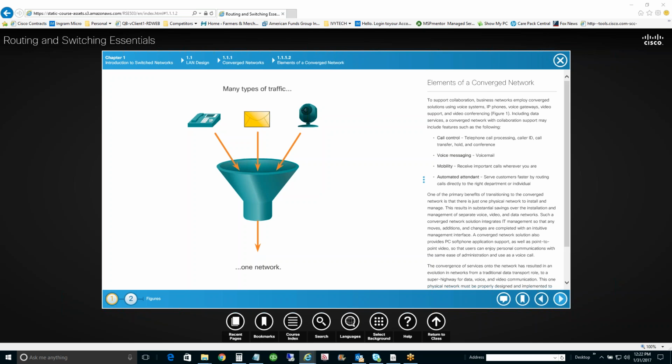With the emergence of converged networks, the convergence of these different types of functions is now much easier to develop and to manage. Just think of everything we do on the internet these days. So that's what a converged network is.